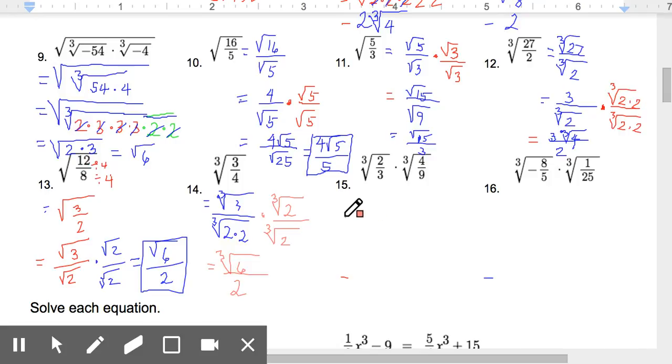Okay, number 15. So we have here the cube root of 2 over the cube root of 3. So it's the cube root, times the cube root of 4 over the cube root of 9.